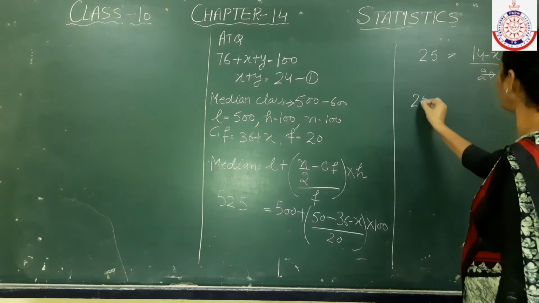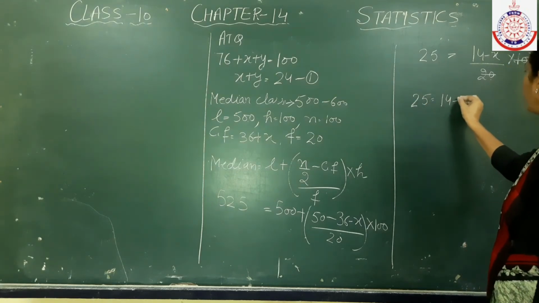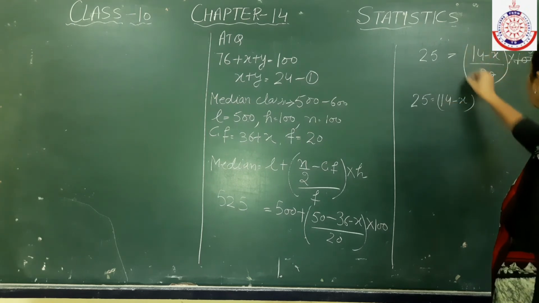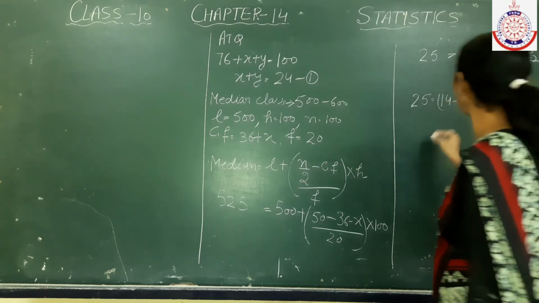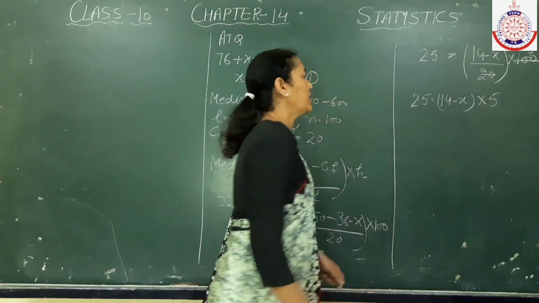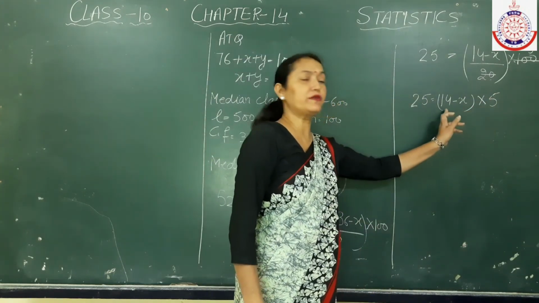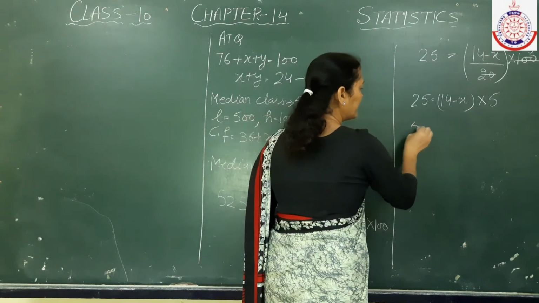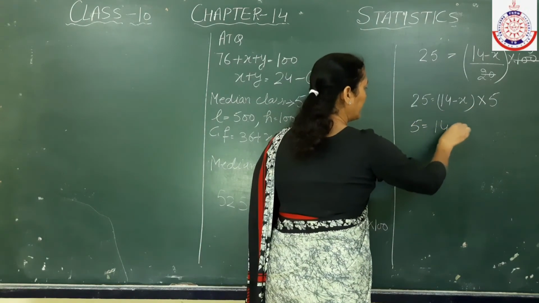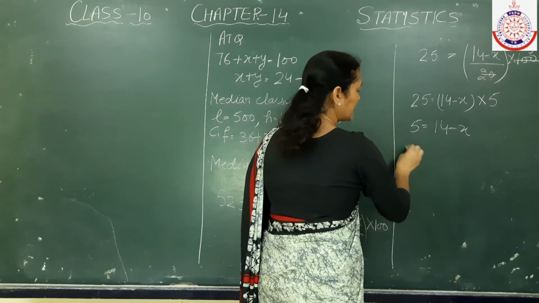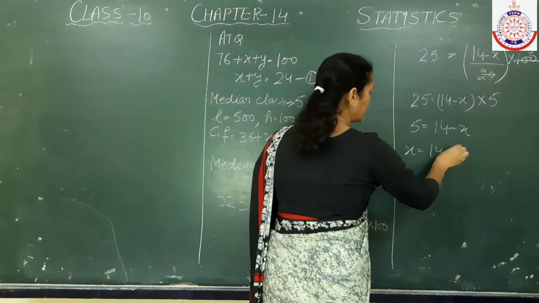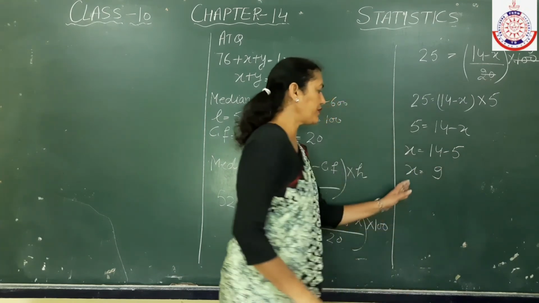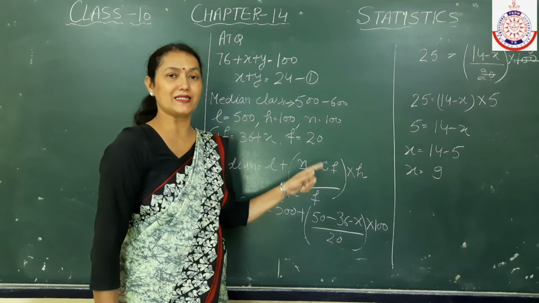So having 25 is equal to 14 minus x into 5. Now either you can multiply 5 with both the terms or simply take 5 to this side. 25 divided by 5 will give us 5. 14 minus x. X will come this side, 5 will go that side. So 14 minus 5 will give us 9. So what we have obtained? We have obtained the value of x as 9.